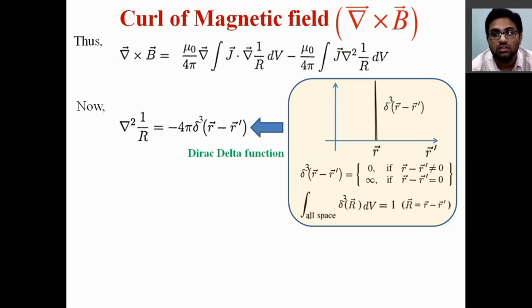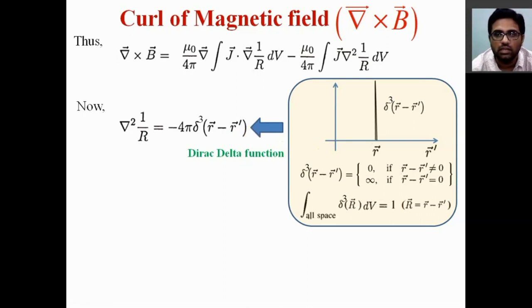This occurs because this type of function has singularity at r equal to 0. It blows up at r equal to 0. Similarly, here also del square 1 by r is actually producing Dirac delta function. Okay.